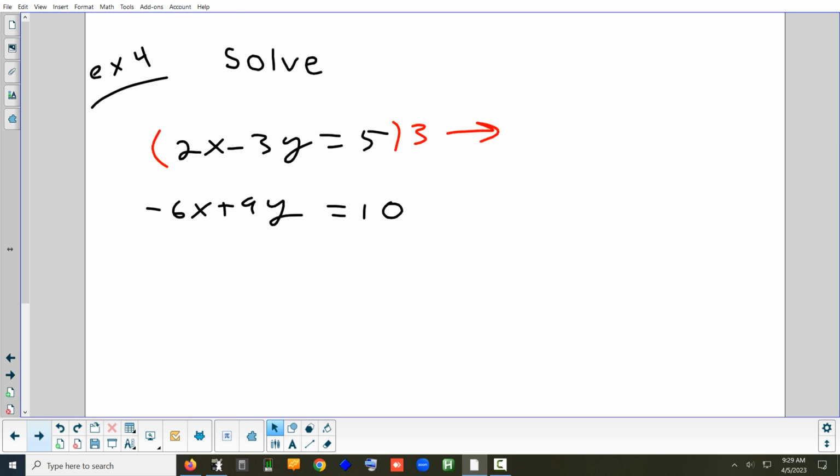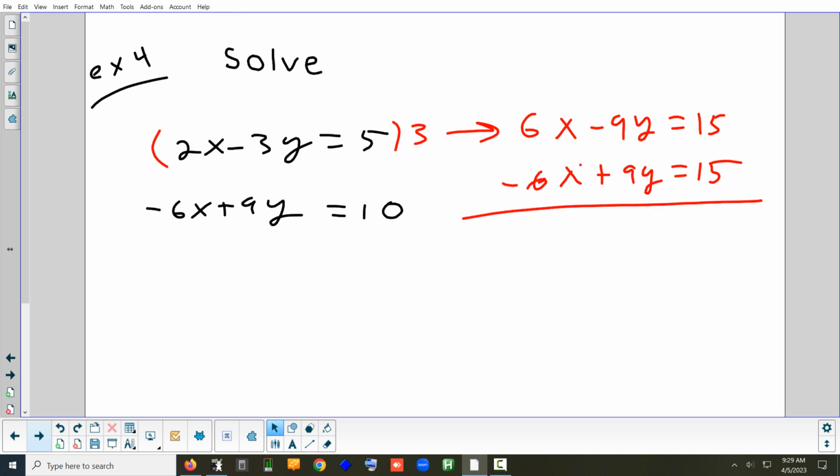So when you multiply the top by 3, you get 6x minus 9y equals 15. And we didn't do anything to the bottom. The bottom's equal to 10.